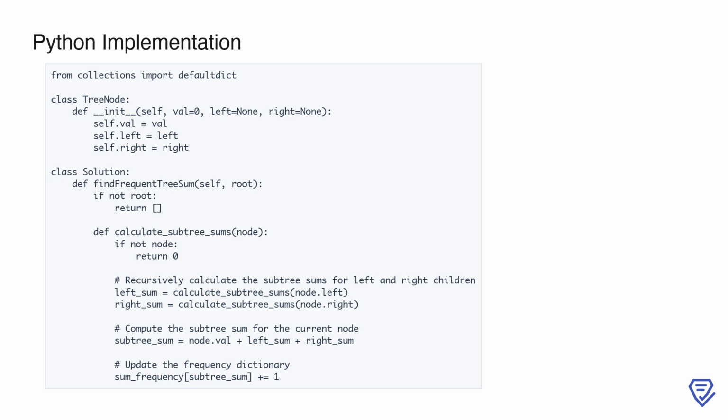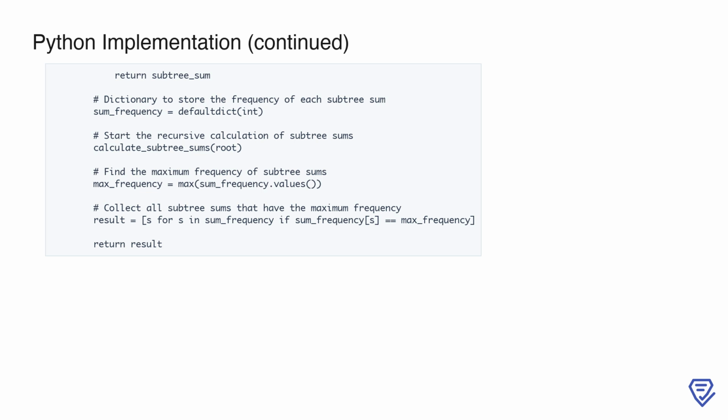After obtaining the left and right subtree sums, we compute the sum for the current node by adding its value to the sum of its left and right subtrees. This value represents the total sum of the subtree rooted at the current node. Finally, we update the sum_frequency dictionary to increment the count for this subtree sum, effectively tracking how often each sum appears. The helper function then returns the computed subtree sum to its caller, allowing the recursion to propagate these values upward.